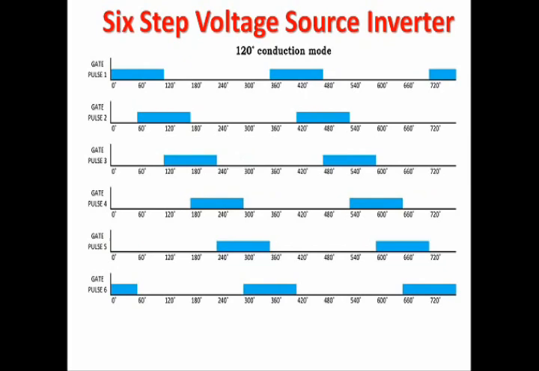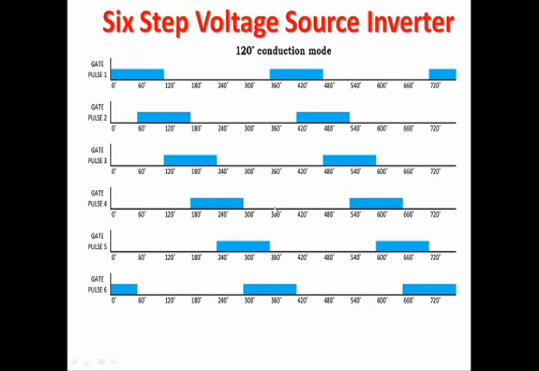Likewise, the 120 degree conduction mode is similar to the 180 degree conduction mode, which means the MOSFET will conduct only for 120 electrical degrees. For the rest of the cycle, that means 240 electrical degrees, the MOSFET will not conduct, because, note it out, the gate pulse is given only for 120 degrees.